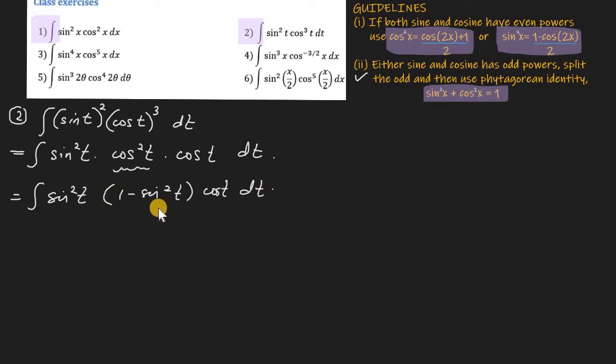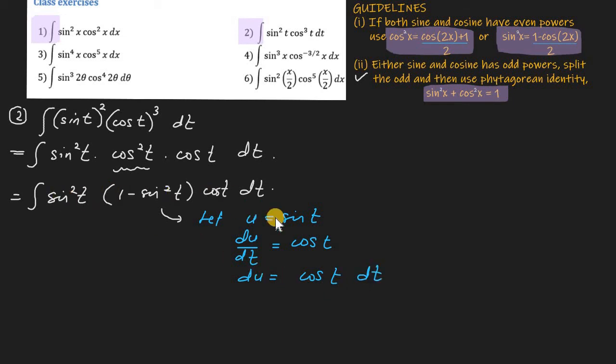Right, and after that, consider using a simple u substitution, u being the sine, because we would like to get rid of this cosine t dt in terms of du. The derivative of sine is cosine, so the du is cosine t dt.